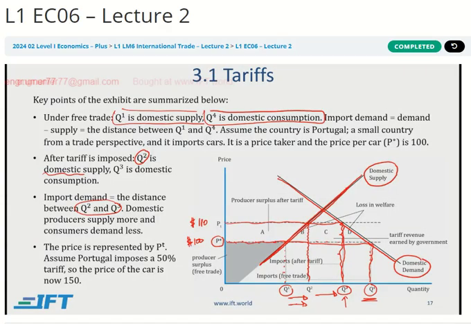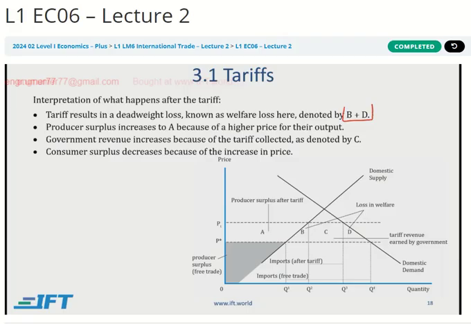Let's say we're not talking about the US, we're talking about Portugal with a 50% tariff. So then this price is 150. But either way, the concept remains the same: this area which is B and D is something that the consumers are paying extra, because they could have bought these cars from the imported suppliers at 100, but they are having to pay a higher price for these cars, right?